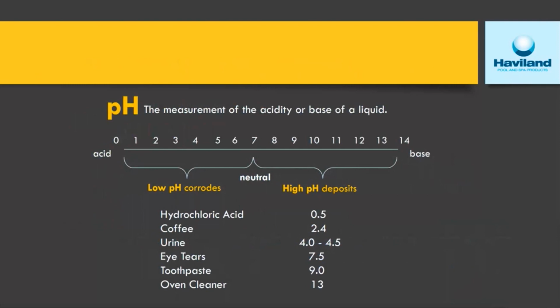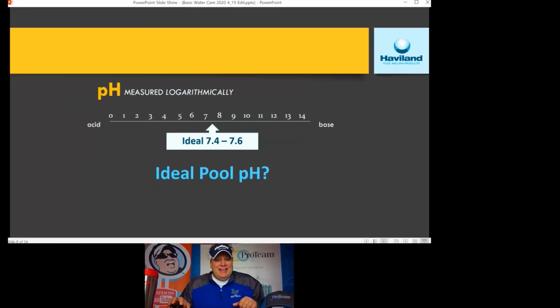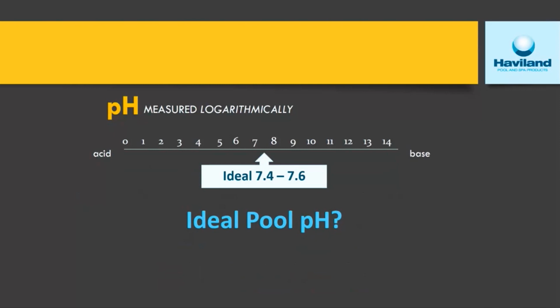And so it's important that we keep the quality of our water in a specific range. The correct pH for a swimming pool is 7.4 to 7.6. And why is this? Well, not only do we want our pool's water quality to be balanced, but we also need it to be comfortable for the swimmer.